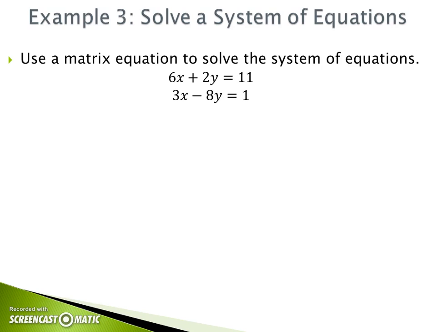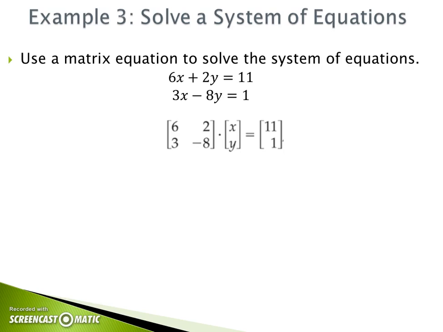Example 3, we're going to solve a system of equations. So first, we're going to write the matrix equation, which is 6, 2, 3, -8 times x y equals 11, 1. Then we find the inverse of the coefficient matrix.